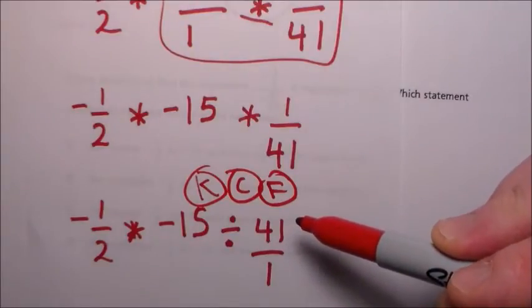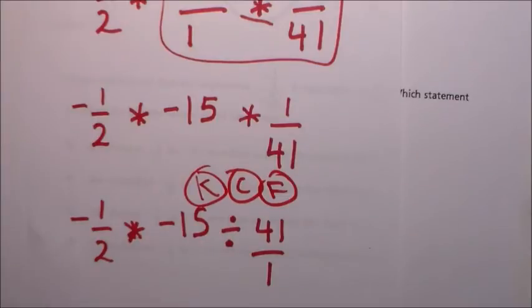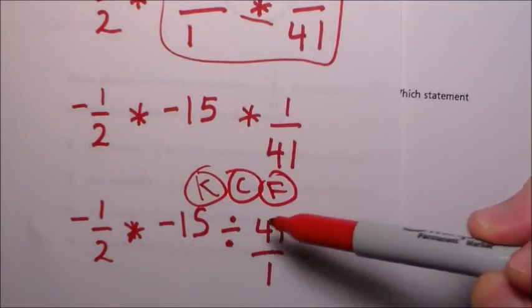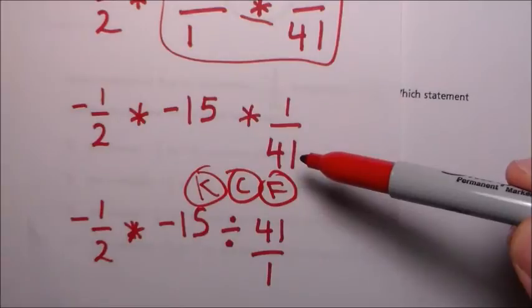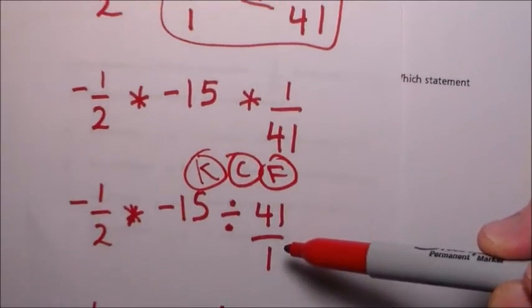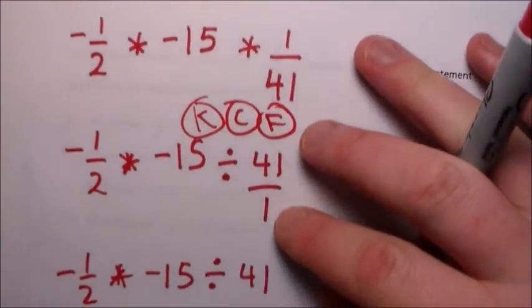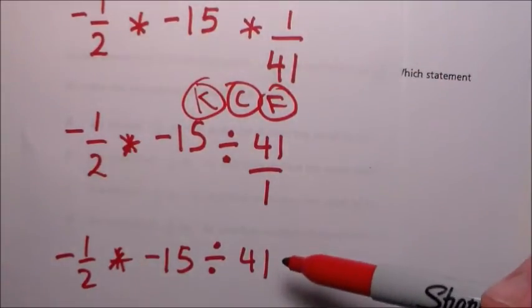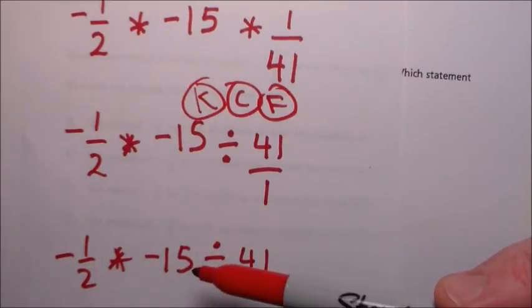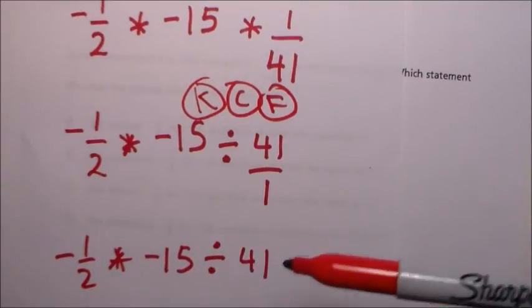Think about it. Take a time to press pause if you want to, but keep change flip definitely works in reverse. So we're going to keep the negative 15, change multiplication to division, and flip 1/41 to 41/1. Okay, now we have another number over 1. So what are we going to do? Let's just get rid of that 1 and say we have negative 1/2 times negative 15 divided by 41.